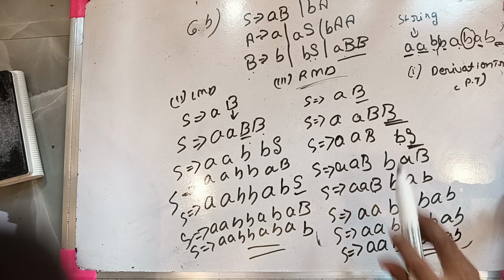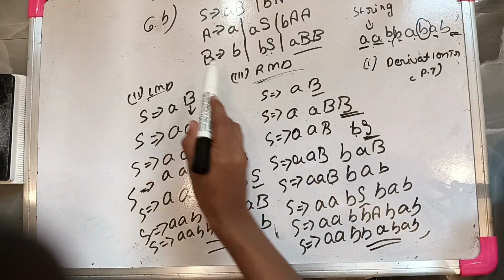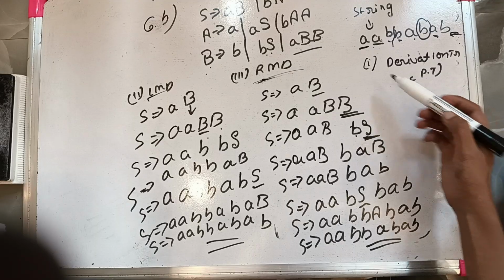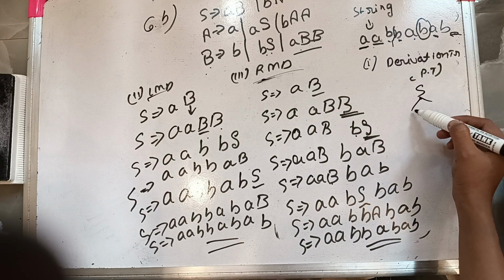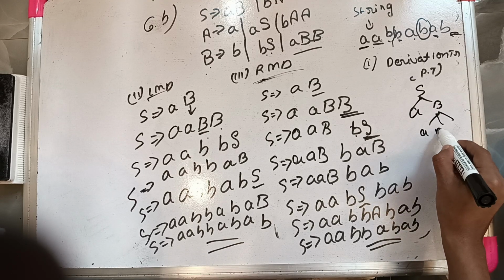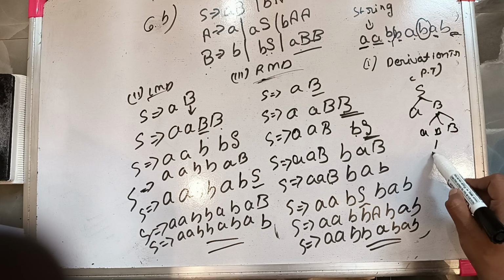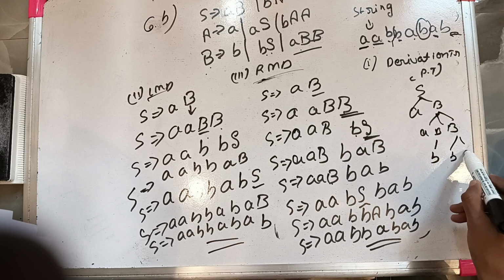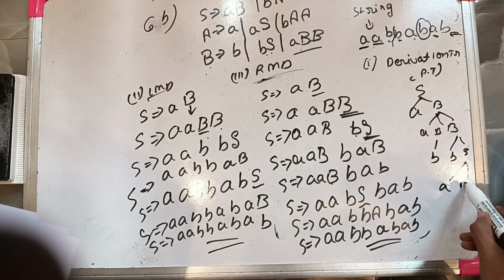Okay. Next we need to write the derivation tree or parse tree. Either you can use leftmost derivation or rightmost derivation of your choice. Okay, I am going for leftmost derivation. AB. Next it gives B. After that B will be substituted by B. Next B gives BS. Next again S gives AB.